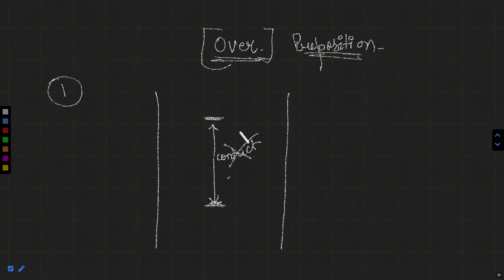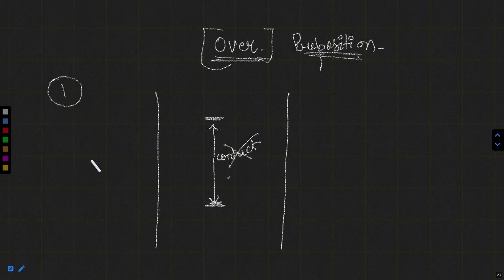First condition is this: to use over, one thing is below and another is above it, and the two things should not be in contact with each other. The above thing should not touch the surface of the lower thing. The second condition is they should be vertically aligned. It means these two should be in vertical position with each other.